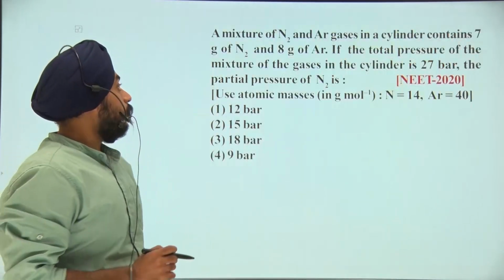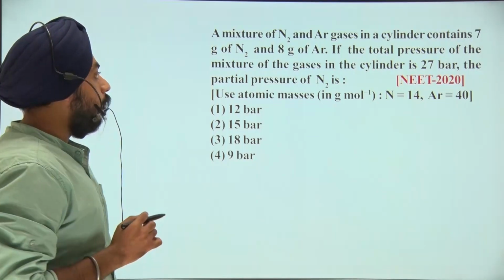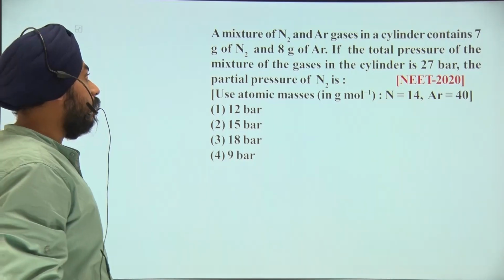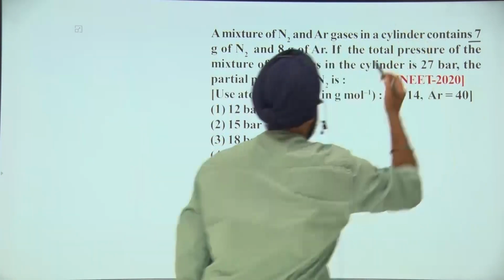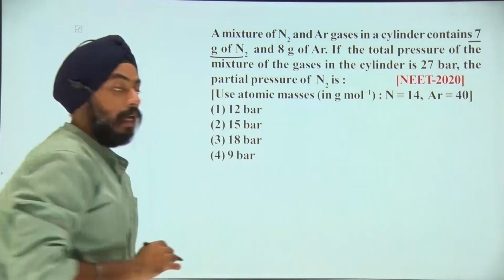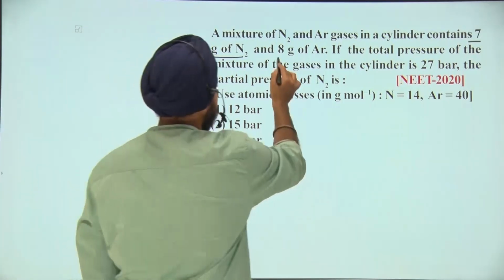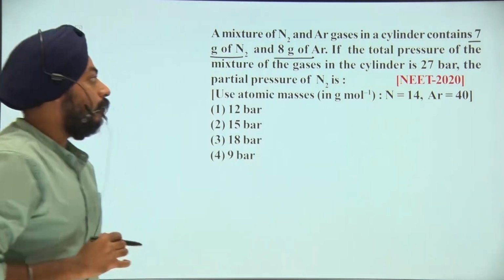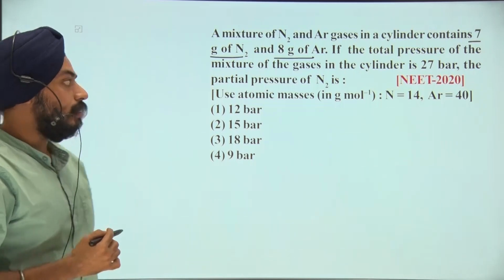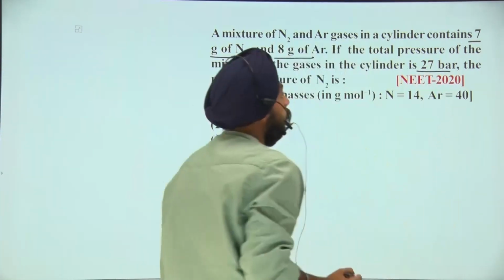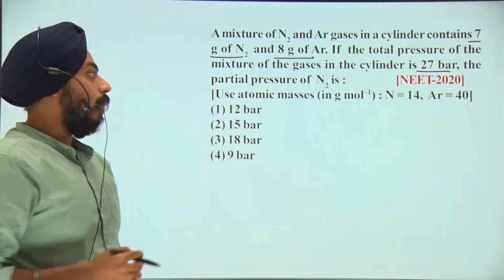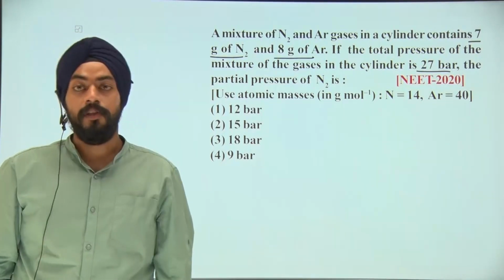Clear? Our question is: a mixture of N2 and argon gases in a cylinder contains 7 grams of N2 and 8 grams of argon. If the total pressure of the mixture of the gases in the cylinder is 27 bar, then we have to calculate the partial pressure of N2.